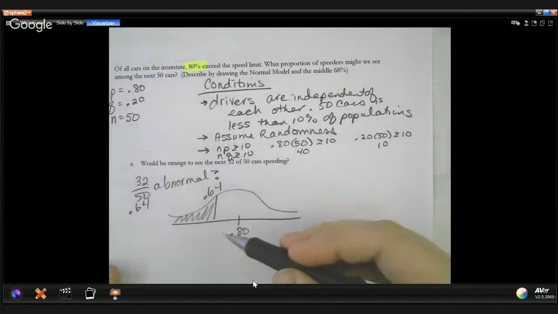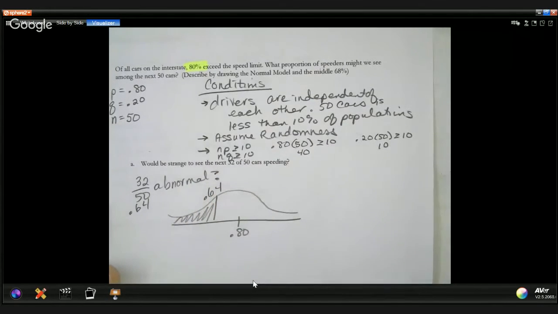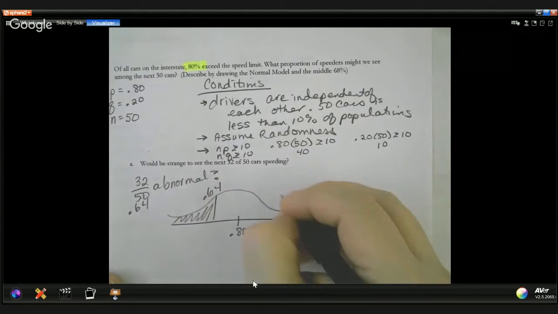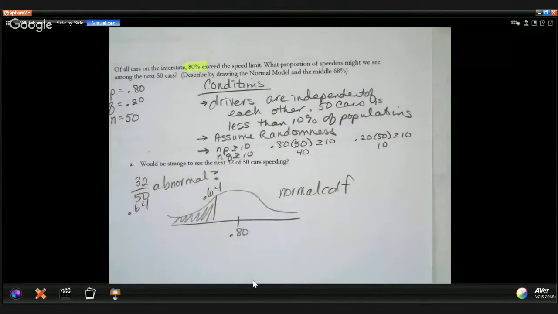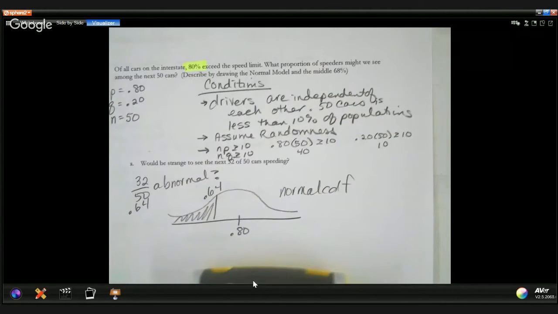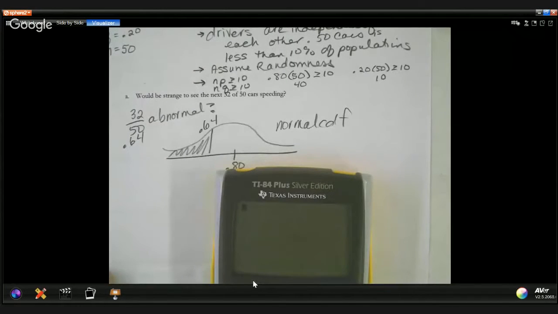So 64% would be over here somewhere. So since it's on the left of the mean, I'm going to go ahead and shade below. And so now I'm going to do my normal CDF, and I'm going to figure out what my values are here. Okay. So I do my normal CDF. My lower, this is a good lower because remember your lower is your left.